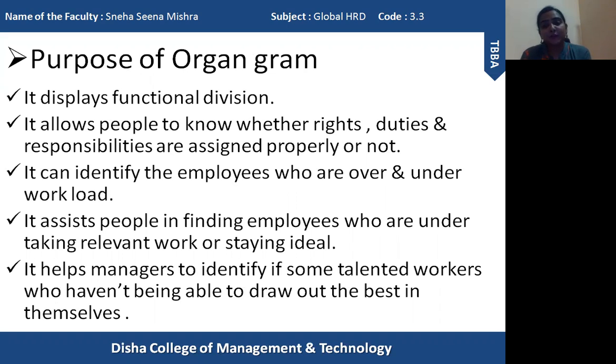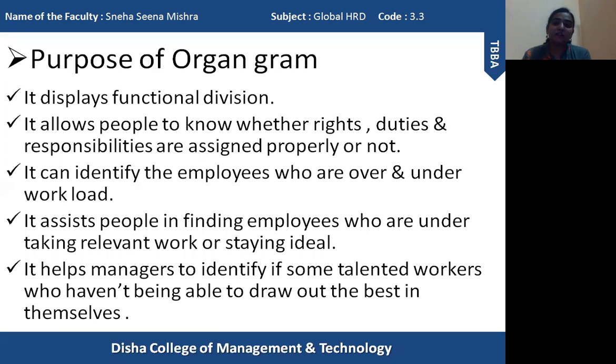See, suppose you are given a particular position in an organization, you must be having some kind of duties. You need to fulfill those duties. According to the seriousness of your duties, rights will be given to you, responsibility will be assigned, and you may also get the authority, so that you can be held responsible for your actions.